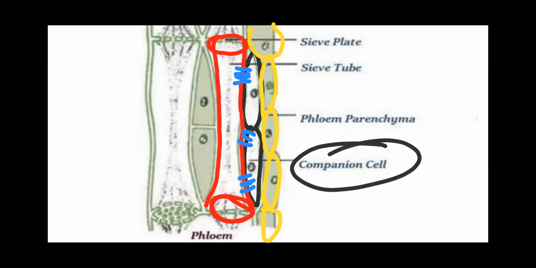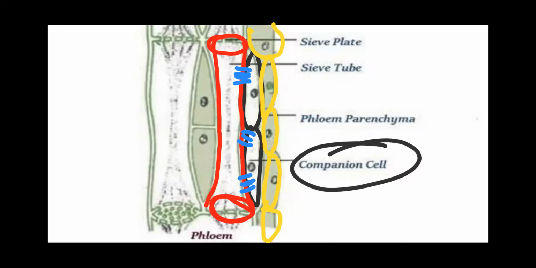Then these cells are meant for storage of material. Do you remember which materials the xylem parenchyma stores? याद है आपको? Starch or fats and substances like tannins. Starch, lipid, tannin, etc. If you can recall those things, isn't it?